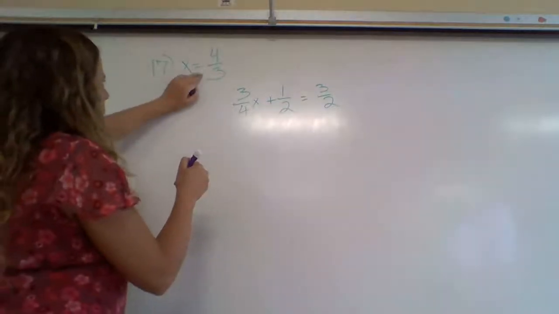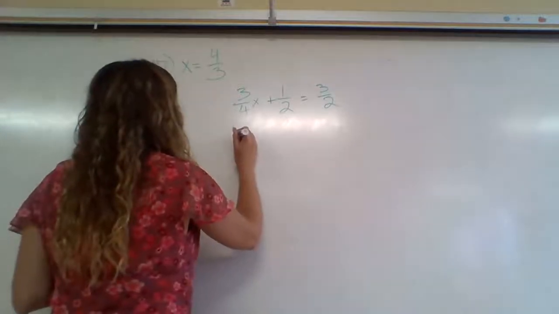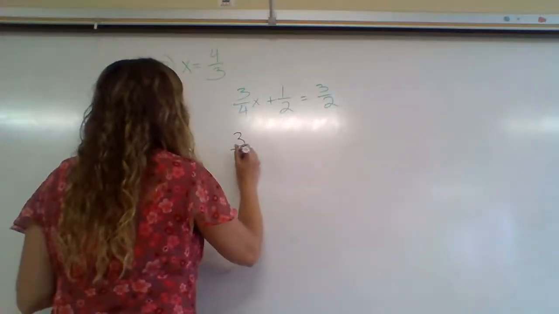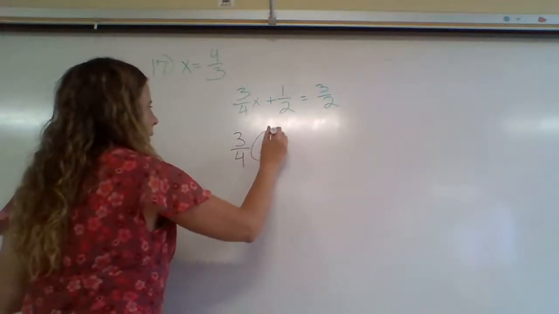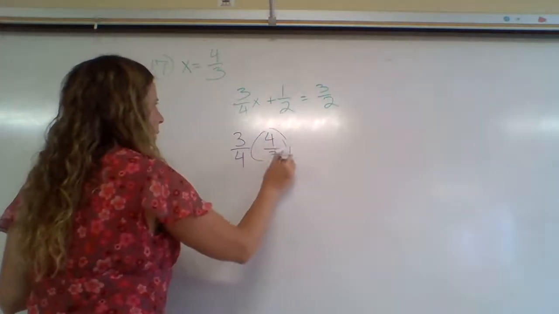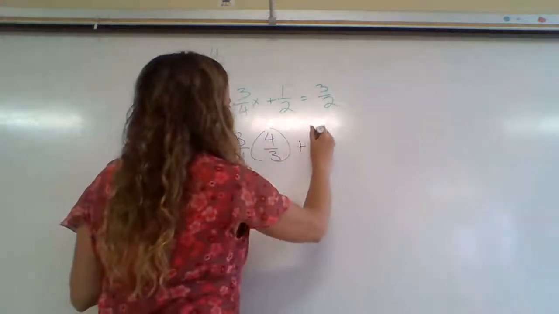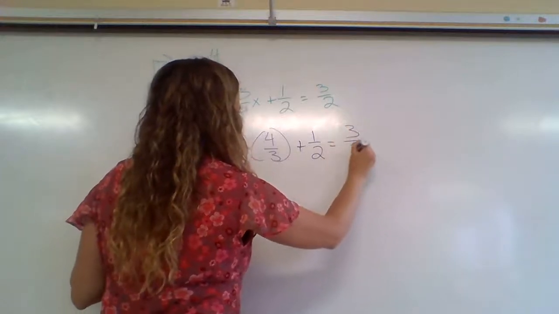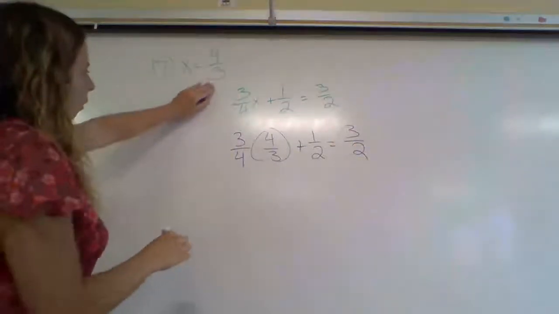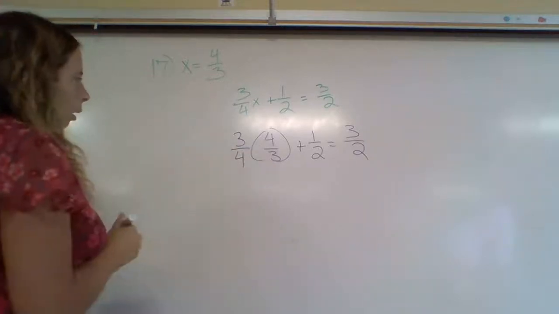So I'm going to substitute 4/3 in for x. So I'm going to have 3/4 times 4/3, and then just rewrite everything else. Plus 1/2 equals 3/2. All I did was substitute 4/3 in for x, and then I just rewrote the rest of the equation. Okay?